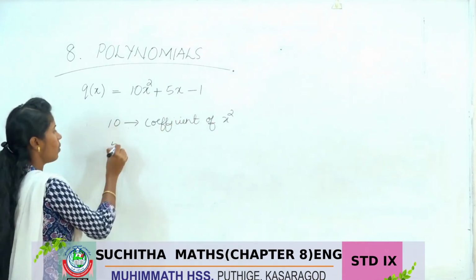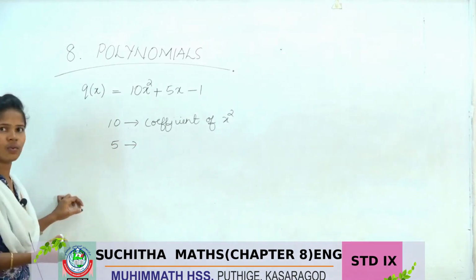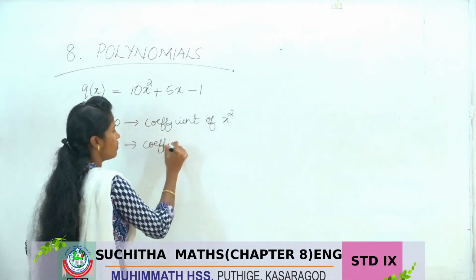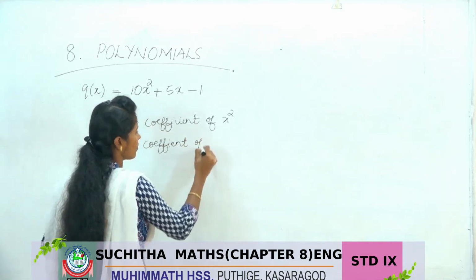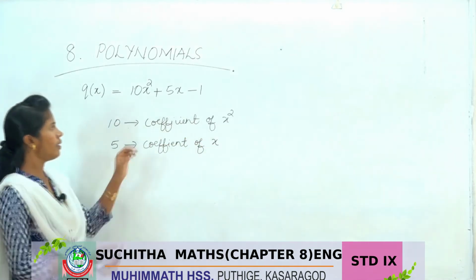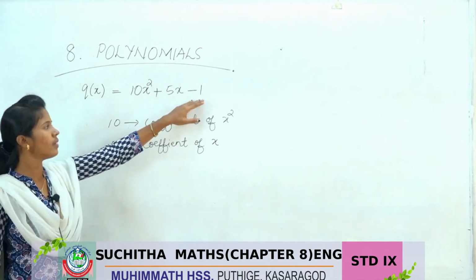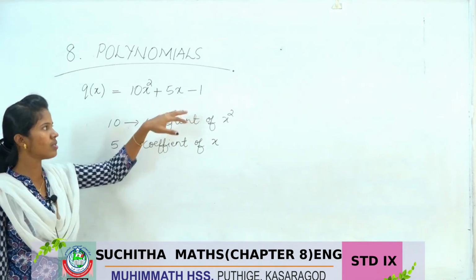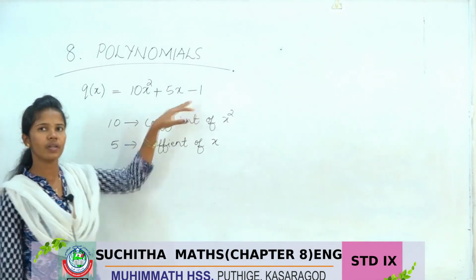Then coefficient of x is 5. 5 is called coefficient of x. And here there is no x, therefore this number is called constant term. So here the constant term is minus 1.